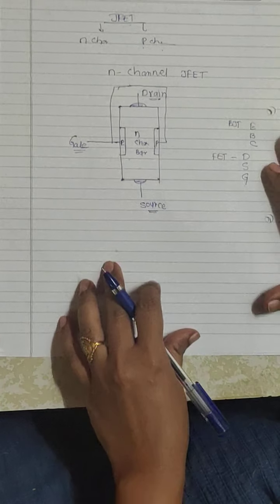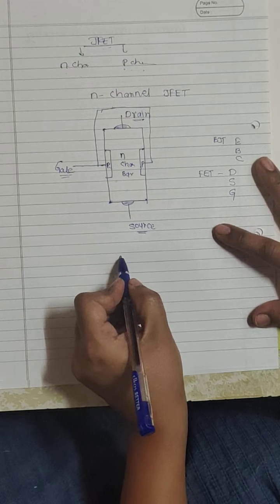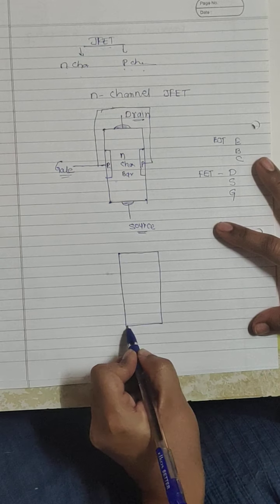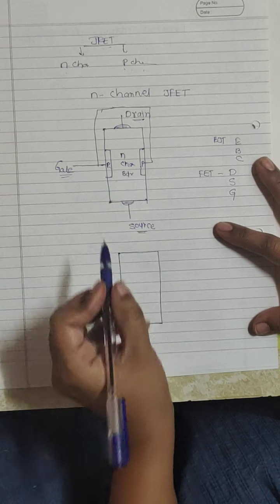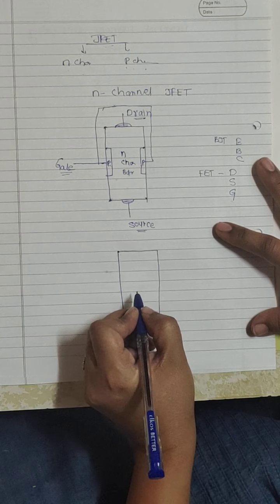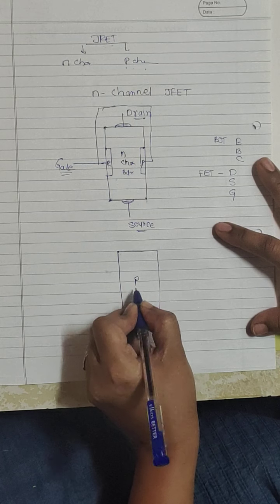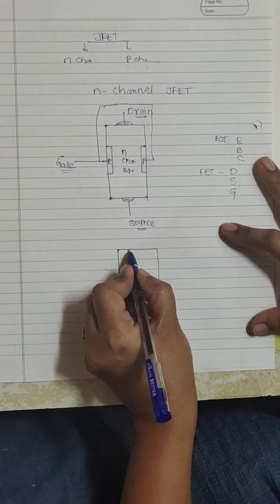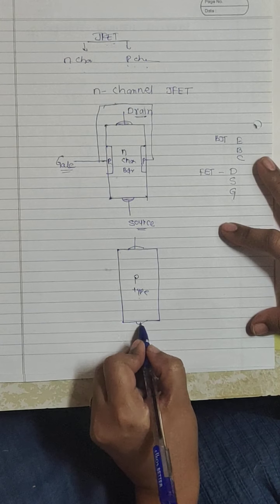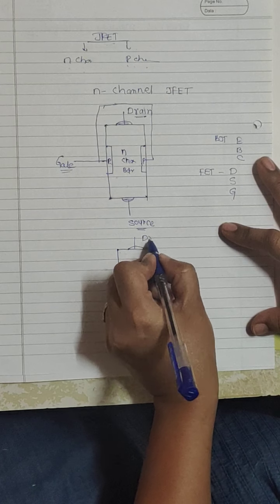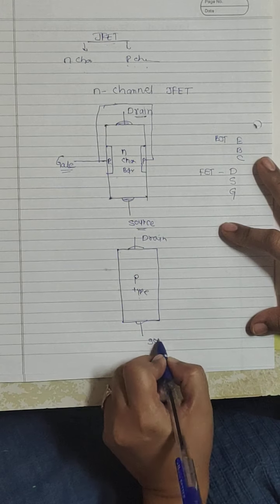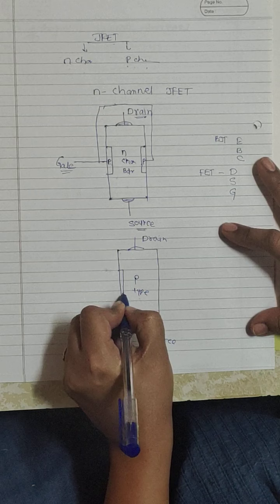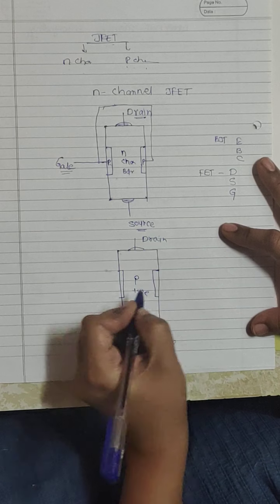The construction of the P-channel JFET is again the same as that of the N-channel JFET. Instead of an N-type semiconductor bar, for the P-channel JFET a P-type semiconductor bar is taken and two terminals are taken out from the bar, the drain terminal and the source terminal. In the P-type bar, two N regions are generated.